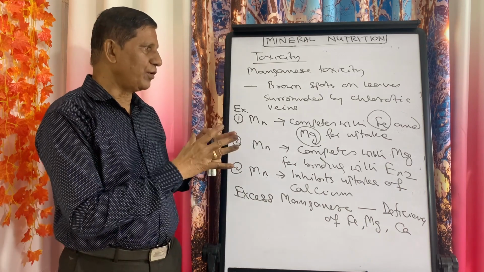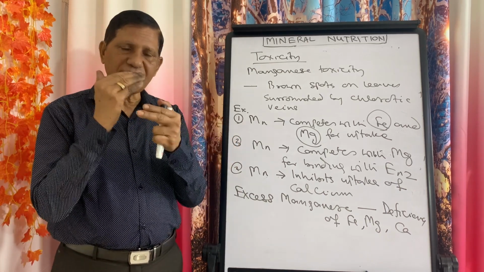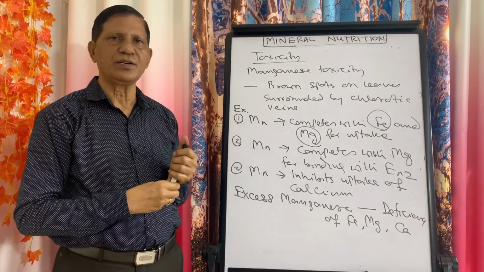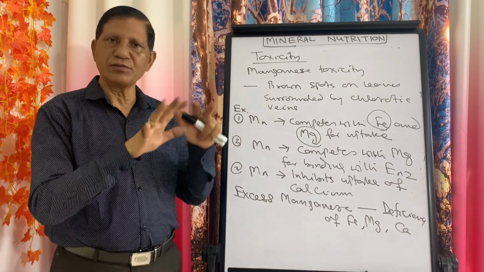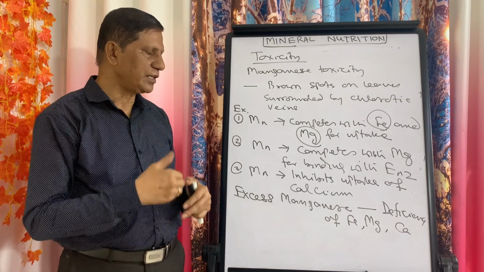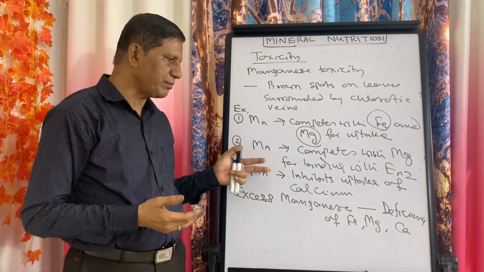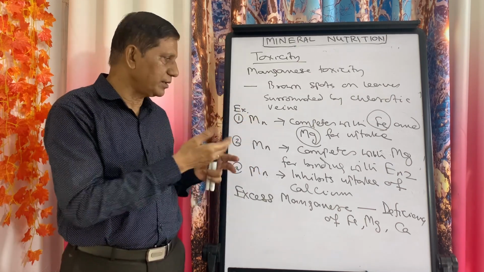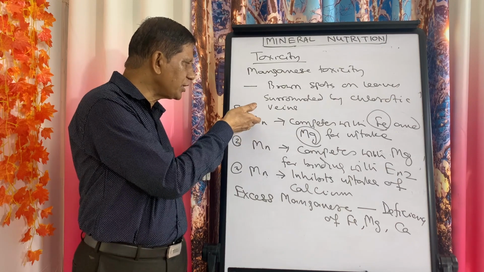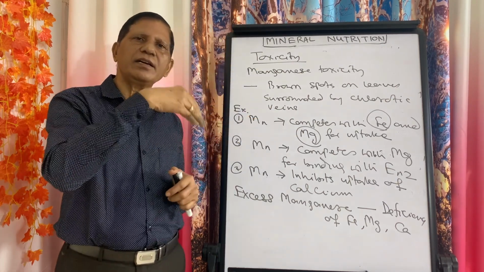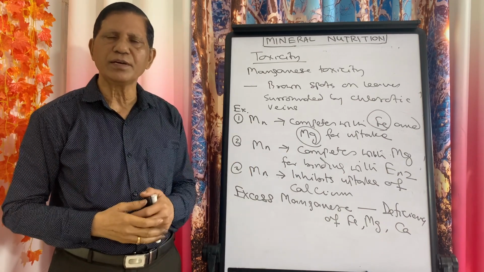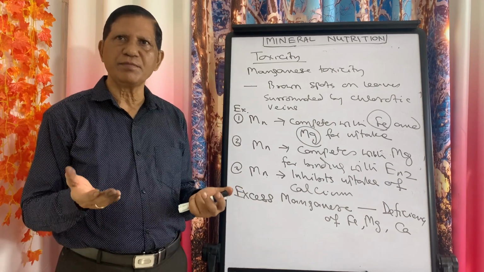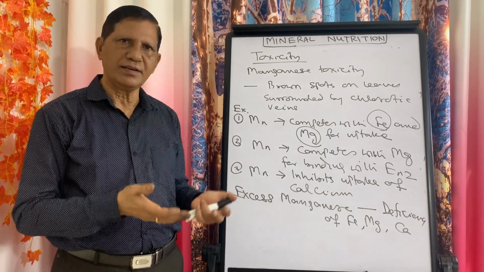So it is difficult to identify whether it is due to toxicity or deficiency. It leads to confusion. So this is all about the discussion of the different symptoms of toxicity and deficiency.